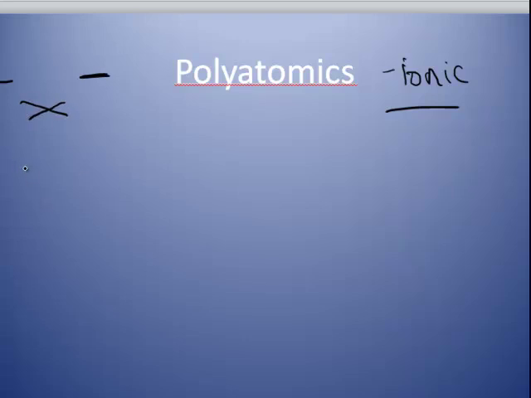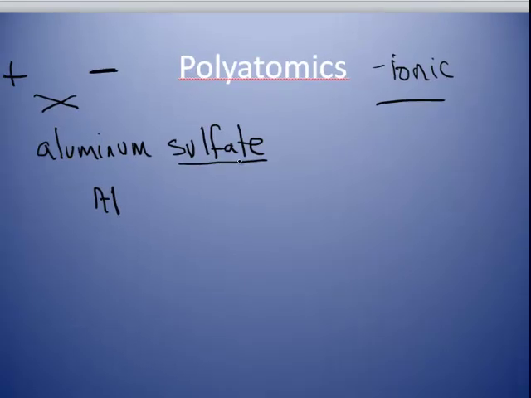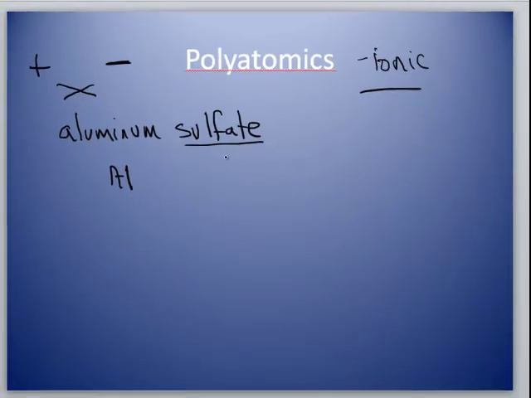So for example, let's say we are going to write the formula for the compound aluminum sulfate. Write the element symbol for aluminum. You want to write the formula for sulfate, and since it ends in ATE, you know that it's going to be the polyatomic. So we've got sulfate with a 2 minus charge.